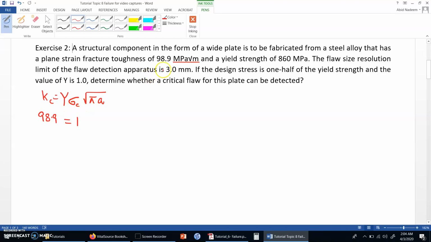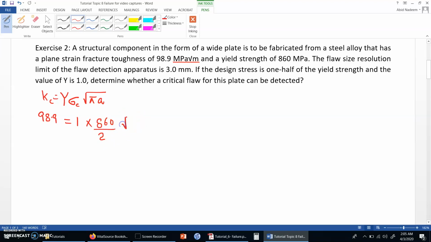Here we have the yield strength of 860 megapascal. So yield strength is actually the critical stress value. But this critical stress value of 860 megapascal has to be limited to 1/2, since the design stress is 1/2 of the yield stress.